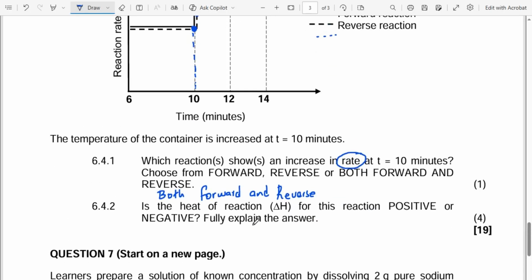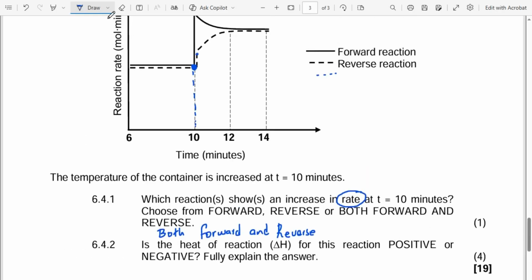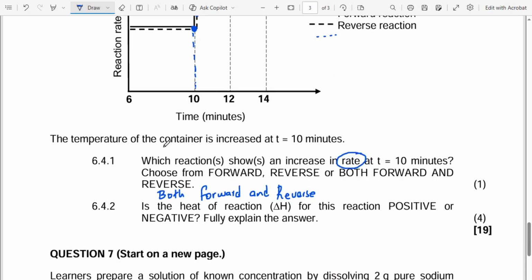The last question they ask is whether the heat of the reaction for this reaction is positive or negative. Fully explain your answer. So you know what I'm gonna give them? I'm just gonna first look at this problem and try to analyze it. We are saying that at T10, both rates increase due to high temperature. At T10, we can see that both reactions increase.